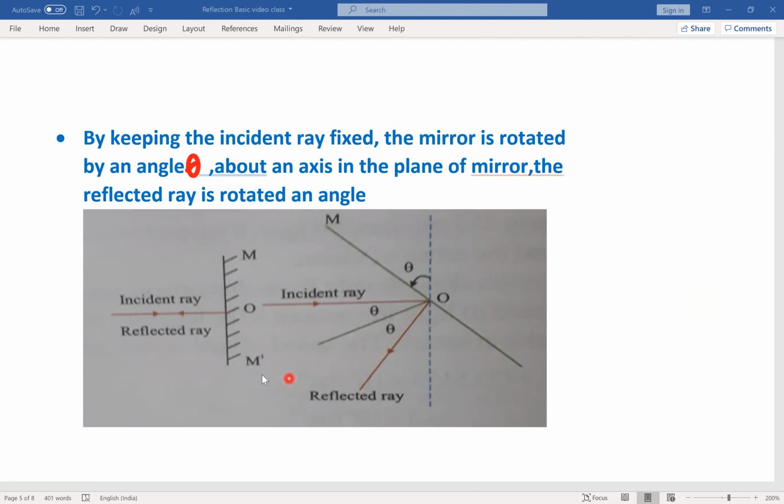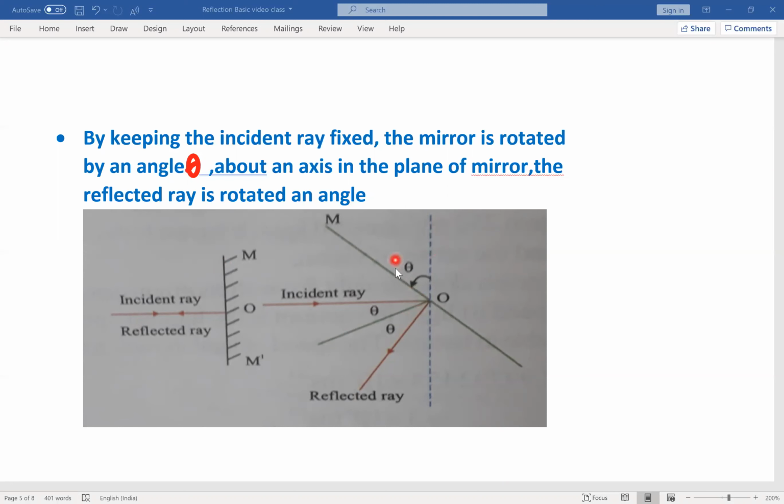See, there is a specific case here. This is a plane surface or plane mirror, and this is a normal incidence. The incident ray and the reflected ray retrace back. Then I just rotated this plane mirror through some angle theta like this, such that this is the actual position of the plane mirror.